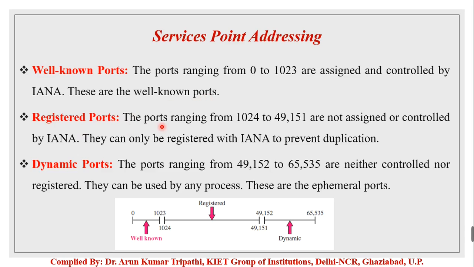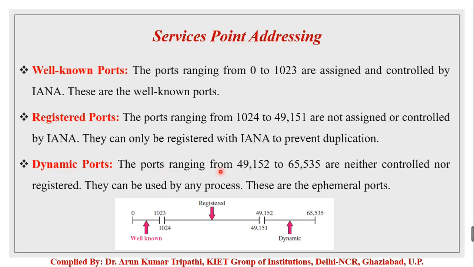Registered ports. These ports, ranging from 1024 to 49151, are not assigned or controlled by IANA. They can only be registered with IANA to prevent duplication. Third and last one is the dynamic ports. These are generally used by applications developed by programmers.